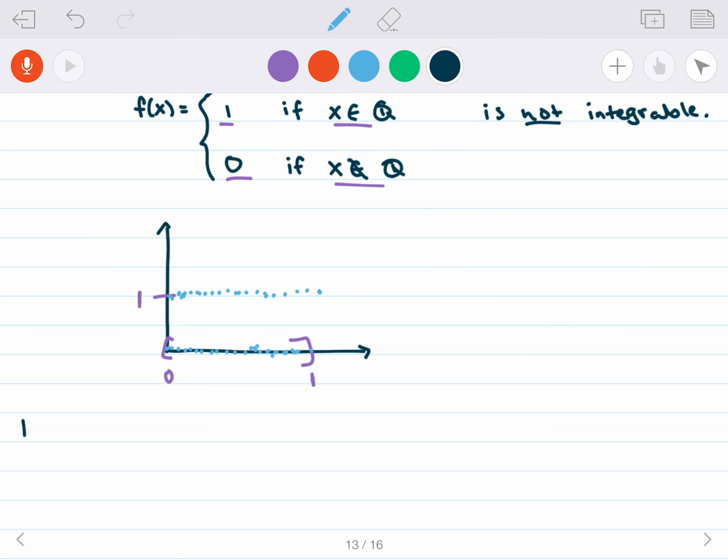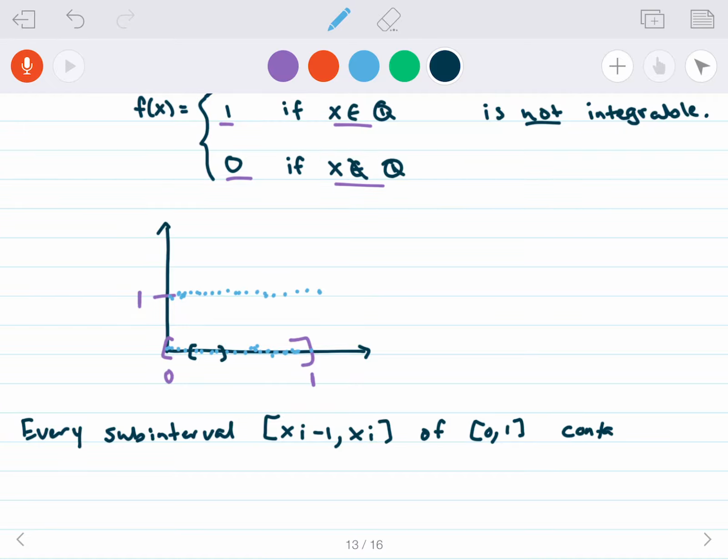Every single subinterval is exactly what you think it is. It's just like with the continuity problem. If we have a subinterval from 0 to 1, let's say x_{i-1} to x_i, any kind of subinterval, like maybe this one, every subinterval of [0, 1] contains a rational and an irrational.